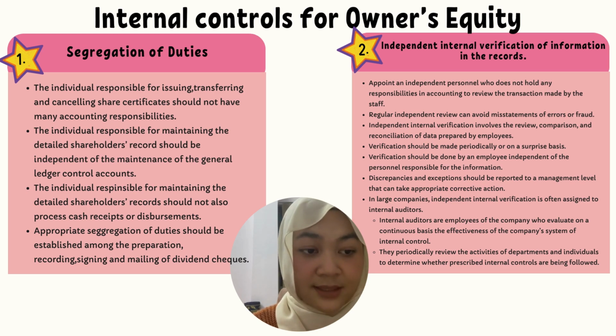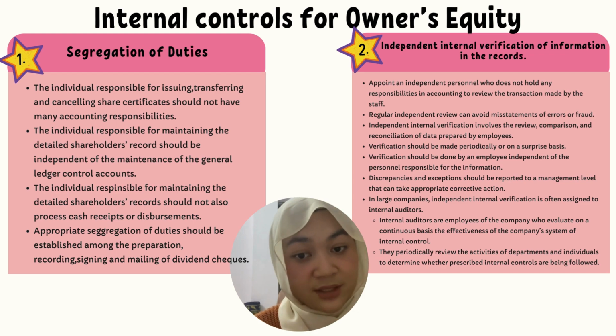This independence helps ensure that discrepancies between detailed and summarized records can be identified and investigated. It prevents manipulation of the general ledger to hide unauthorized changes in the shareholders' records.